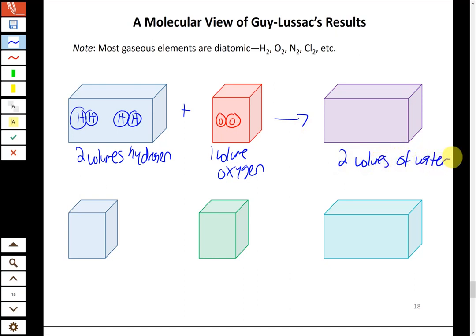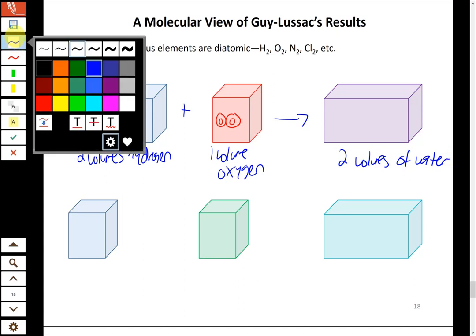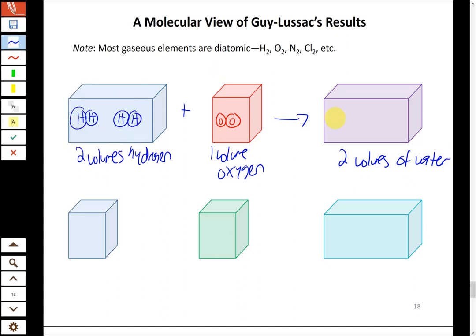And the only way that this can balance out, the only way that the mass can be conserved, is if each water molecule has 2 hydrogens and 1 oxygen, which we probably all already know. All right, and so basically the ratio that they combine at the macroscopic level can be correlated to the ratio that they combine at the atomic or molecular level, and that allows us to figure out the formulas of these.